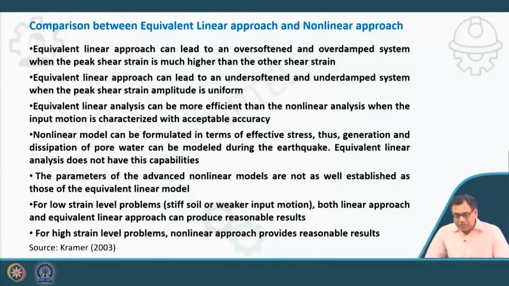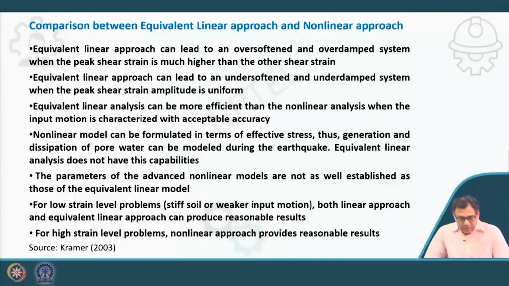But for the advanced non-linear model, those parameters are not as well established. So that is another limitation of the advanced non-linear model, because estimation of parameters is a tedious method.